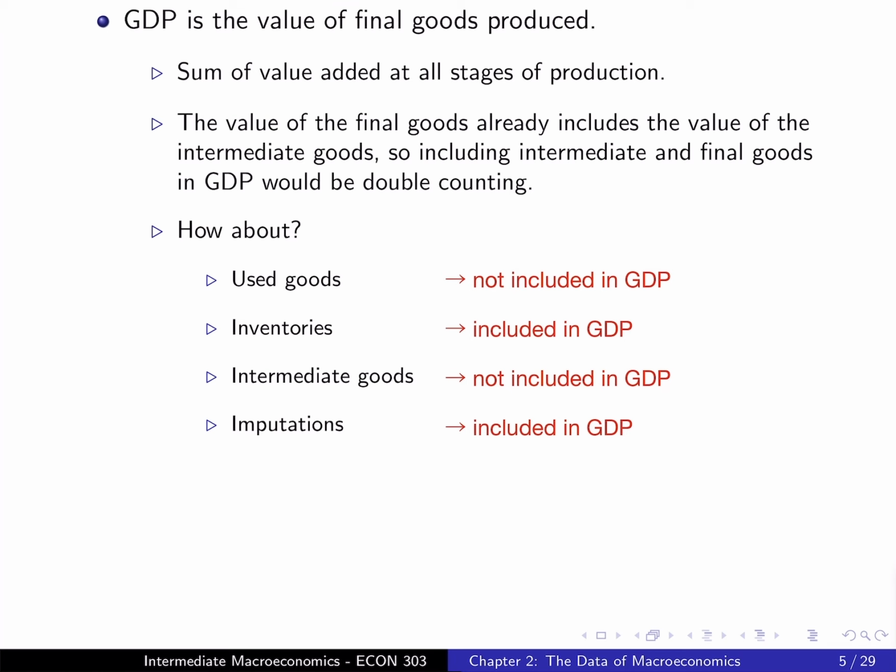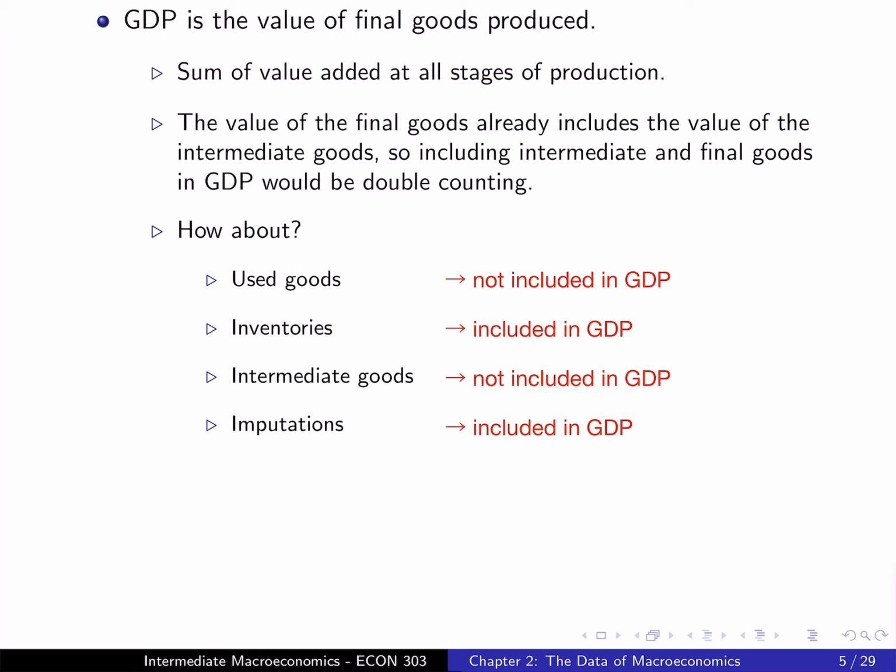of production. Now, let's consider some special cases. Should these be included in GDP? Used goods? No, they were already counted when first sold as new. Inventories? Yes, they count as investment when produced, even if not yet sold. Intermediate goods?